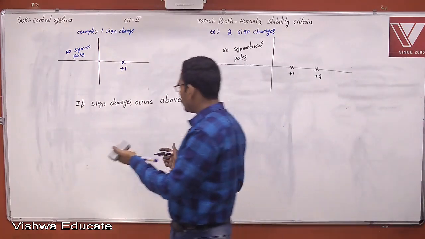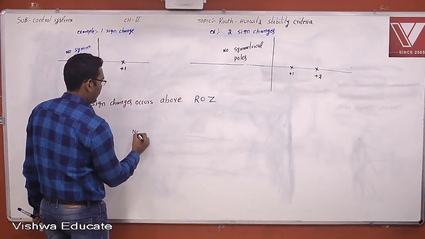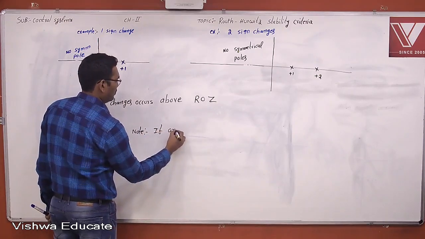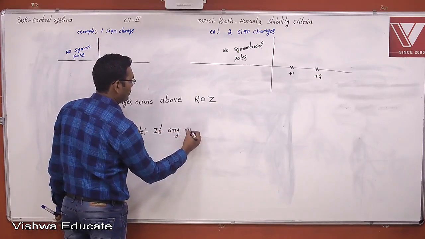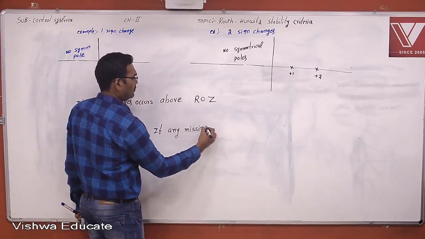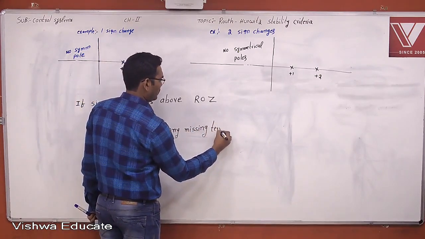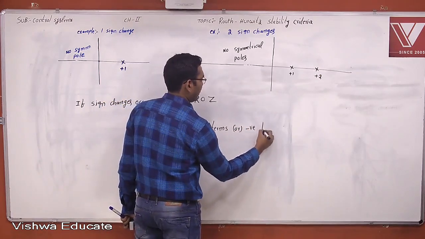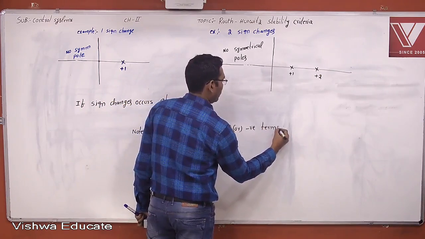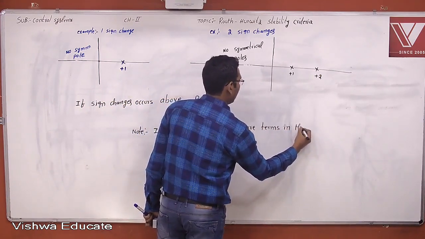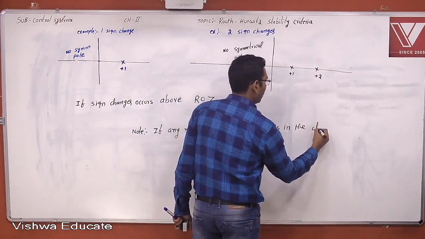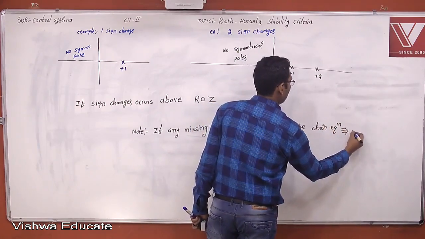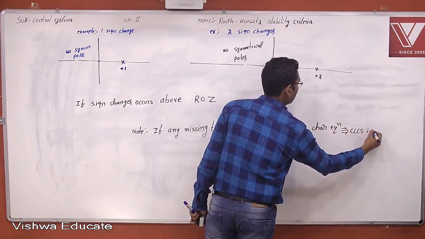And one note: if there are any missing terms or negative terms in the characteristic equation, it results in a closed loop control system that is unstable.